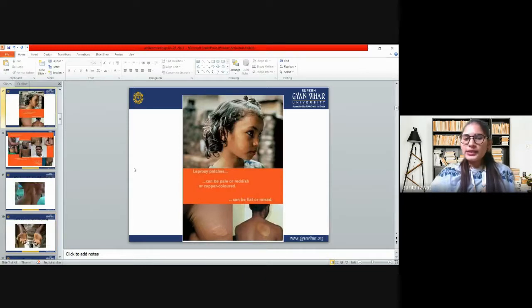Now, as you can see, these are the leprosy patches, which can be pale, reddish, or copper colored. This is the pale colored patch, this is the reddish patch, and this is the copper colored patch. They can be flat or raised. This is the flat patch and this is the raised patch.